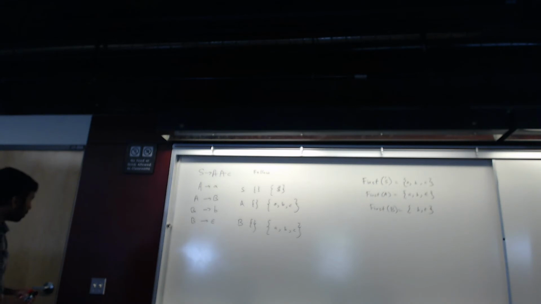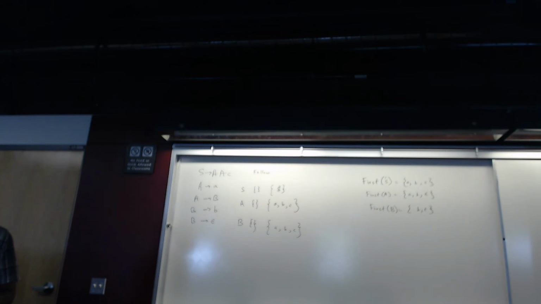Now let's talk about S again. The first rule we have already applied. Can we apply rule 2? Even if we apply rule 2, we won't really change anything in S. We'll change something in B, but we don't care. Can we apply rule 3?